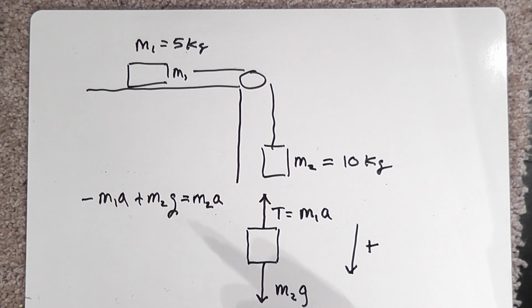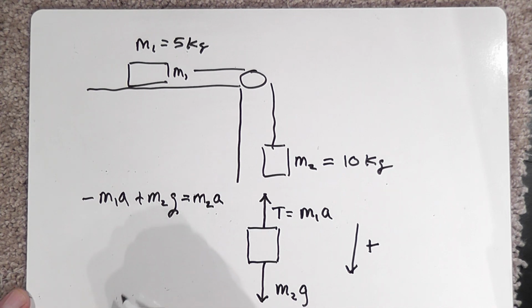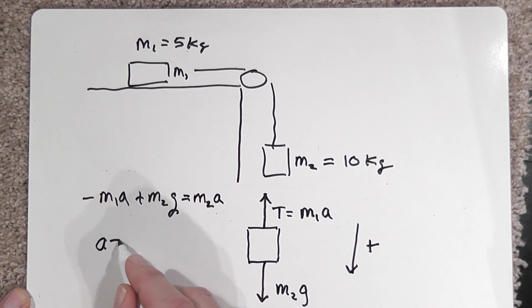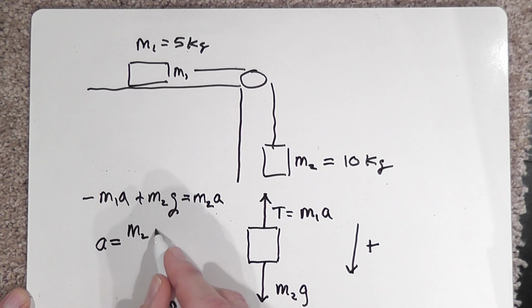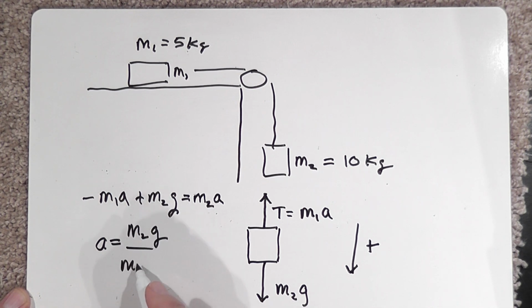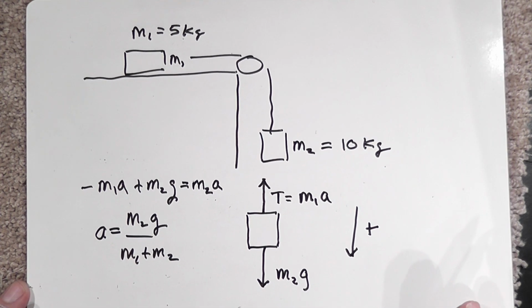And that's just Newton's second law. So now all we have to do is solve for acceleration, and that is going to be M2G over the sum of M1 plus M2.